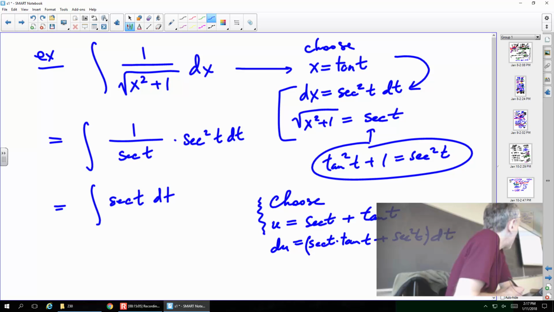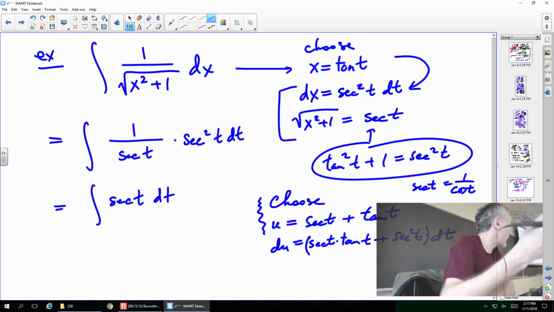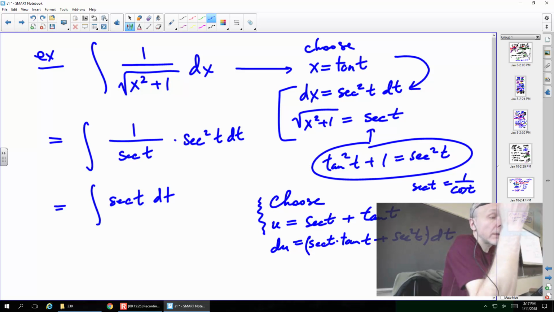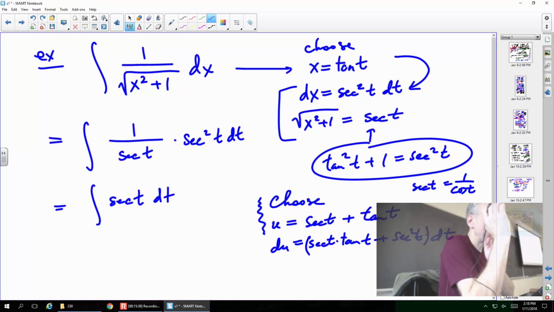Secant is simply 1 over cosine. So secant t is 1 over cosine t, and to differentiate, you use the quotient rule. It's going to be negative sine over cosine squared, and another way to express it is secant times tangent t. It's kind of complicated, but surprisingly it works out.